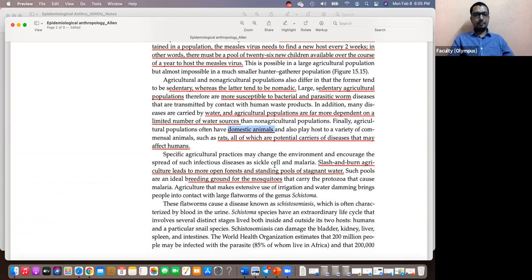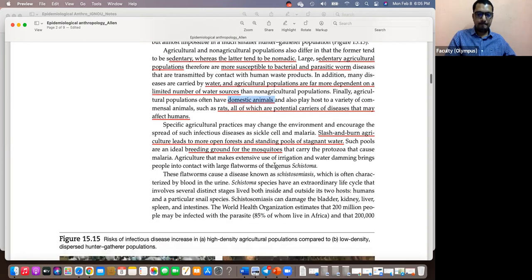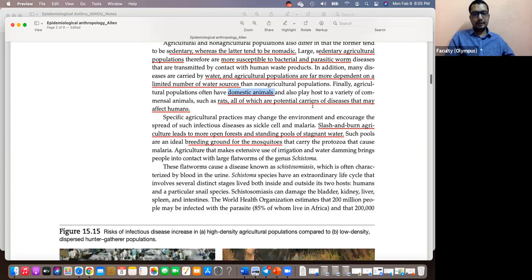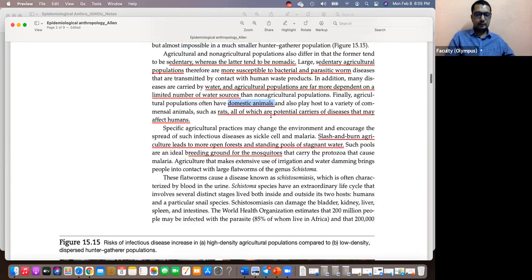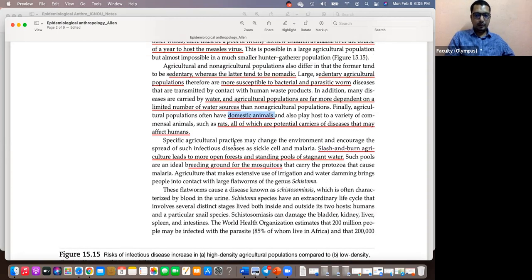Rats, for example; certain diseases like plague can spread from rats to us. So pick a few examples like this for the agricultural connection. Okay, and if you want, rats or cattle from which diseases can spread to us, or the agricultural practices I told you about, where stagnant water is available.